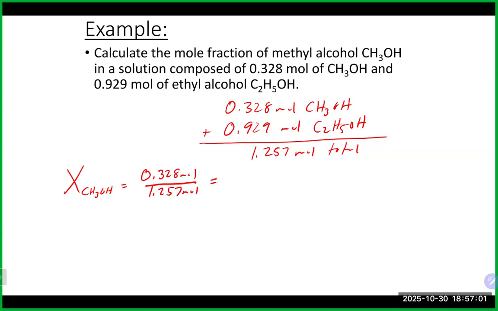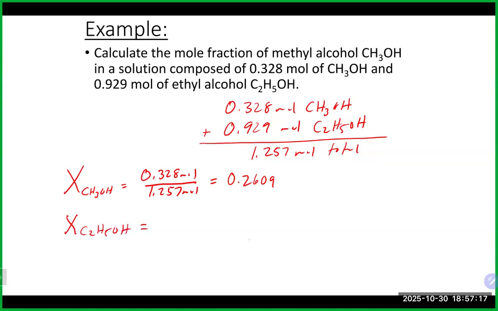Again, we're not multiplying by 100 here, so we will end up with basically 0.2609. We could do the exact same thing for the other one, which wasn't asked for, but we could.